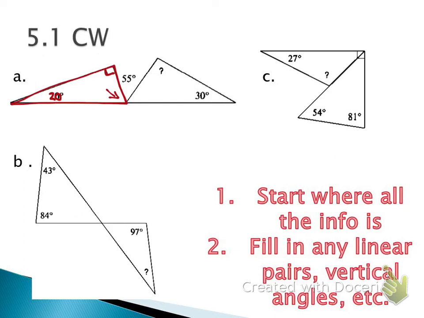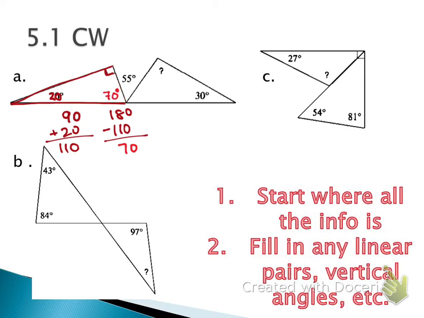So how do I figure out the measure of that angle? Going to add them and then subtract from 180. So 90 and 20 make 110. 180 minus 110 is 70. Good. So we know this angle is 70 degrees.